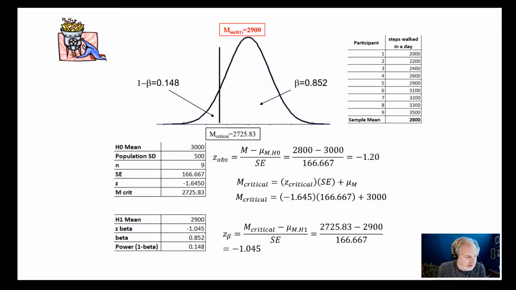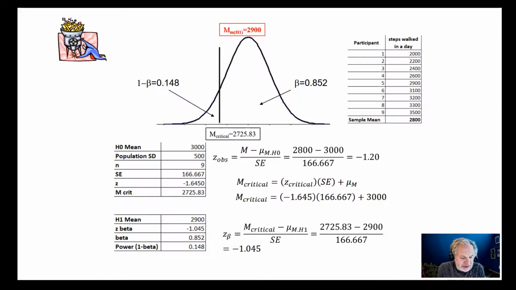Okay, hopefully you were successfully able to complete it. You should have found an M critical of 2,725.83. Your Z observed was negative 1.20, so you would fail to reject the null hypothesis. Using your H1 mean of 2,900 and your M critical of 2,725.83, you can figure out Z for beta is negative 1.045.